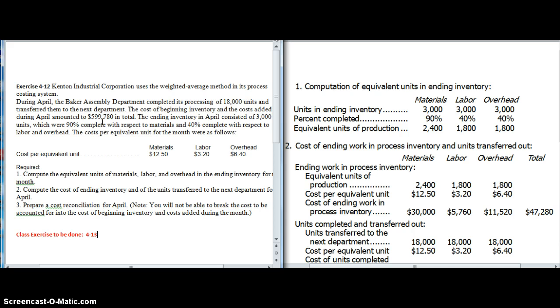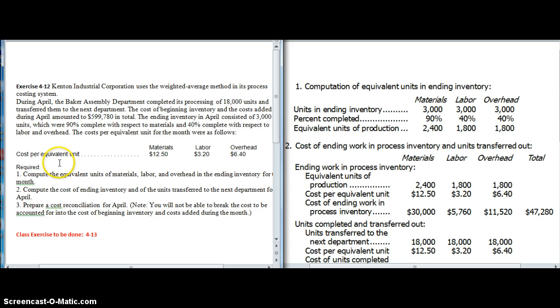This is a total of both the cost of beginning inventory as well as the costs added during the year. The ending inventory in April consisted of 3,000 units, which were 90% complete with respect to materials and 40% complete with respect to labor and overhead.